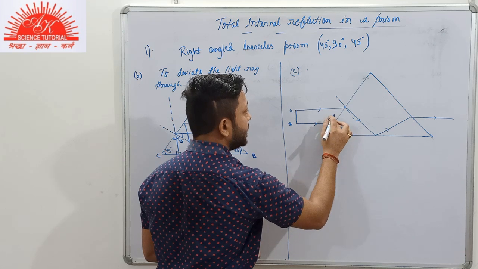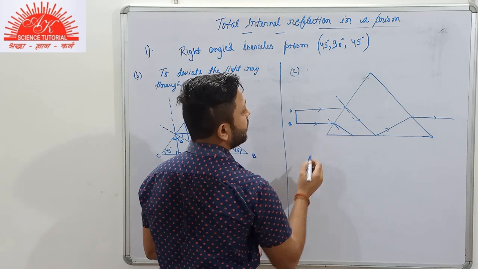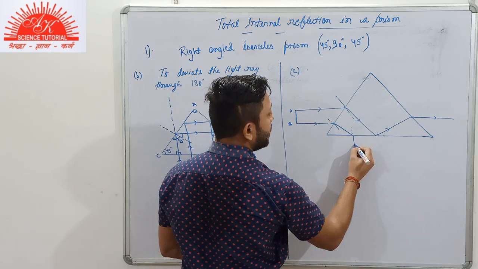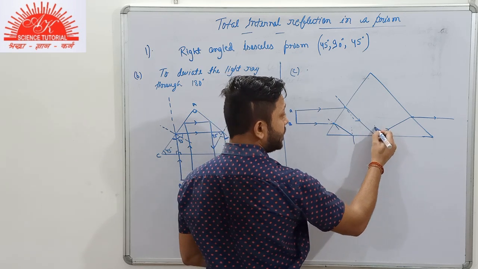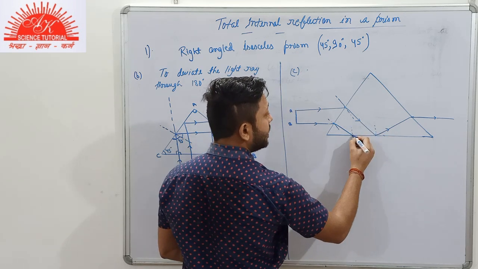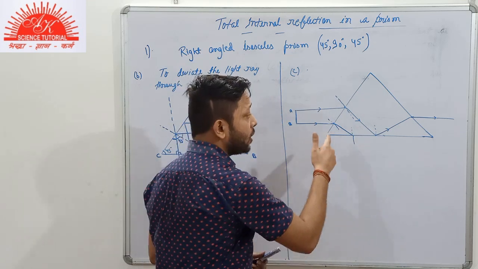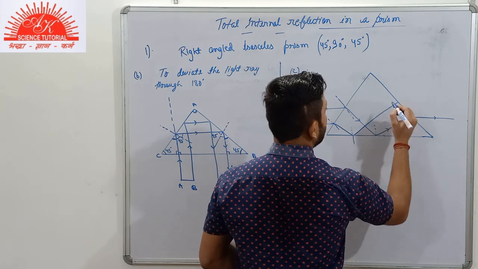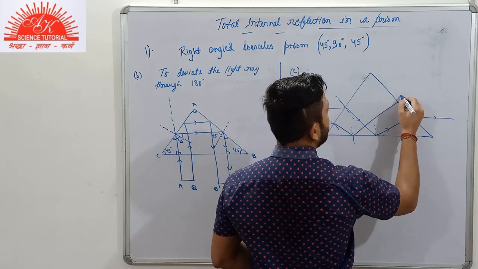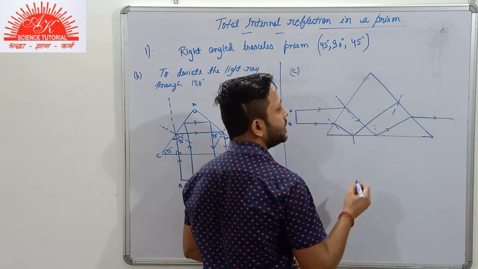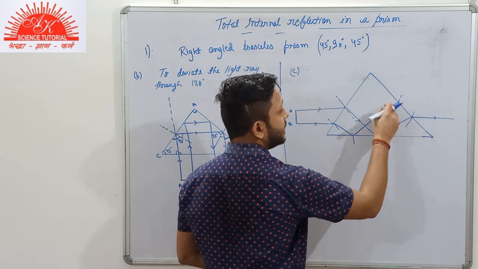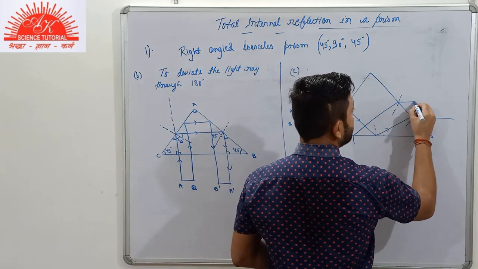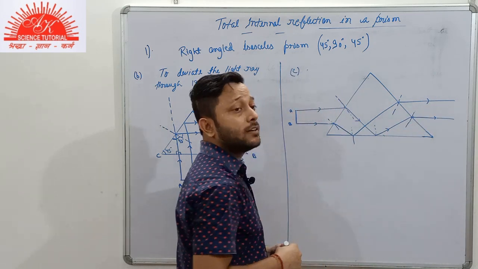So for this condition, the light ray has to travel from optically rarer to denser medium, so it will move towards the normal. Again, now here total internal reflection will take place because the light ray will obviously make an angle of incidence greater than the critical angle. Now when total internal reflection takes place, and the light ray is refracted, it is coming out in the same medium, that is in air, then what is the condition here?